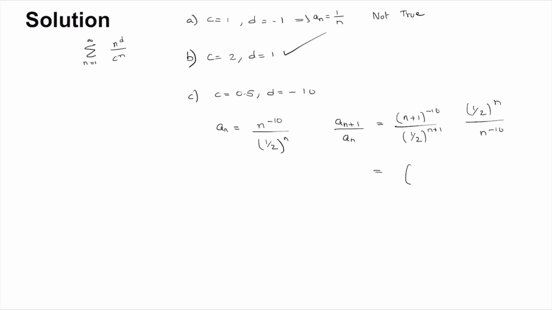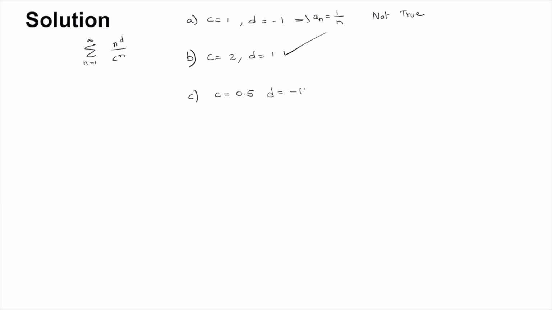This is just going to be 1 plus 1 over n to the power minus 10 times 2, and as limit n tends to infinity, this is going to be 2, which is greater than 1. So we have option C also not converging. So option A doesn't converge, B converges, C doesn't converge, and now option D.